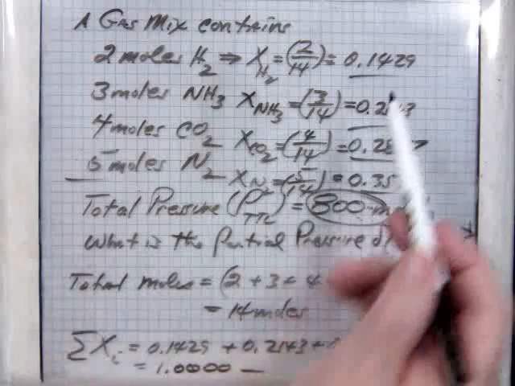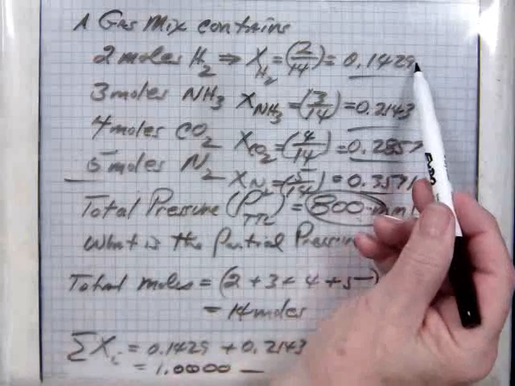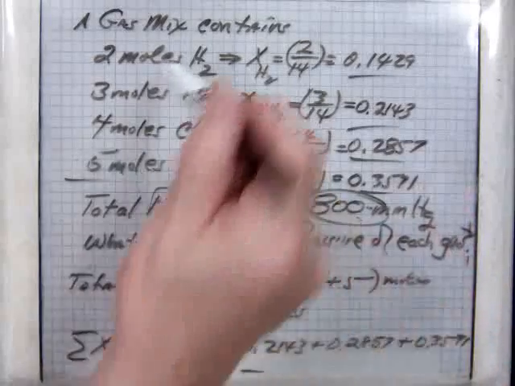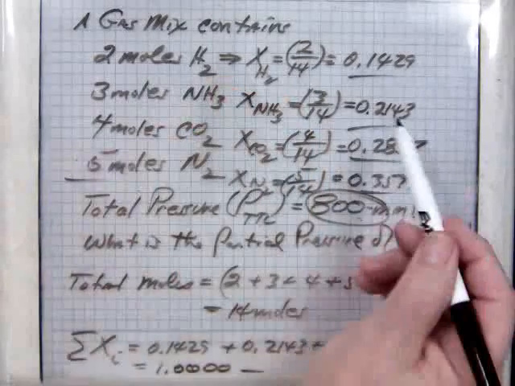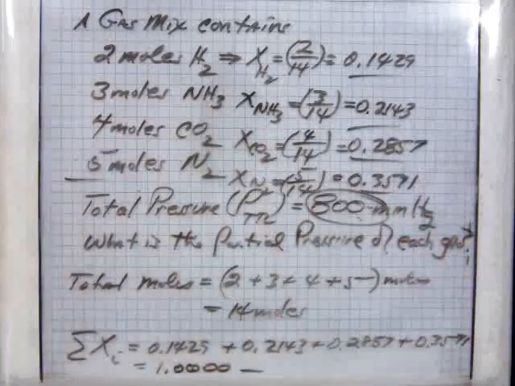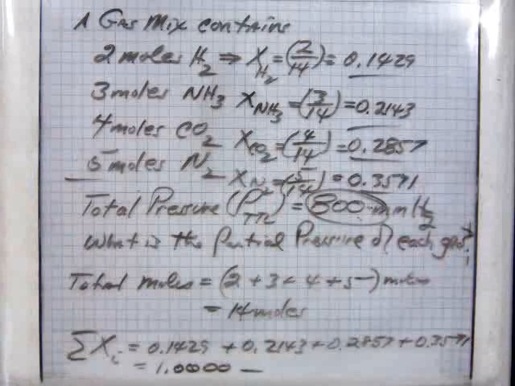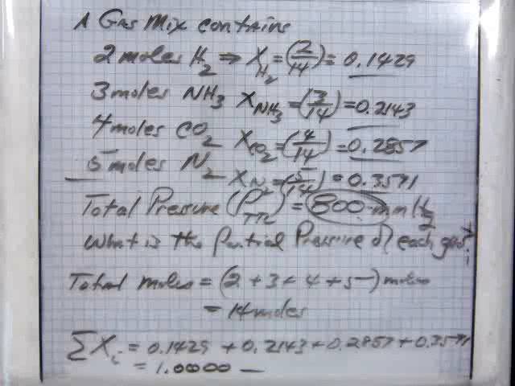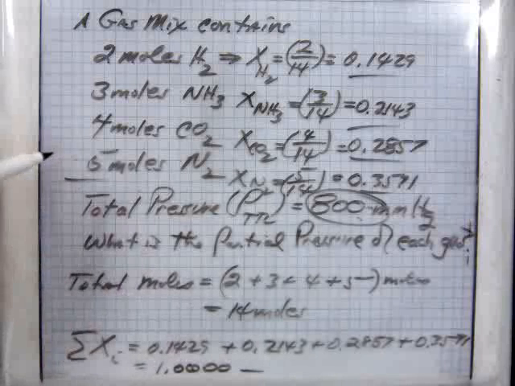For example, 0.1429 of the 800 is the H2 pressure. 0.2143 of the 800 is the ammonia pressure. See what I'm saying? It's just that fraction of the total. So if something was 10% of 5,000, you take 10% of 5,000. Well, the same thing here.